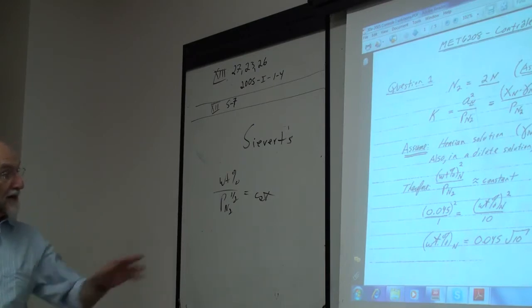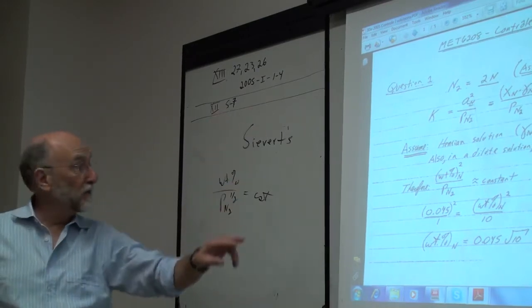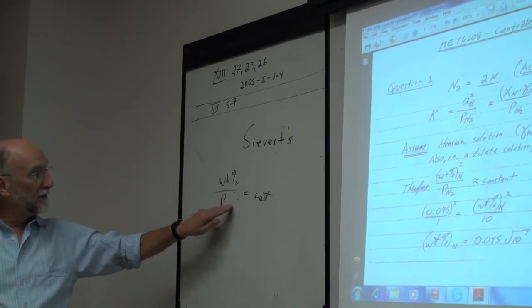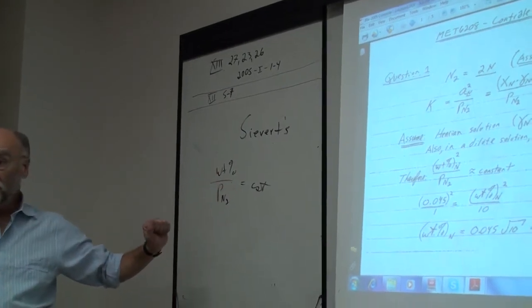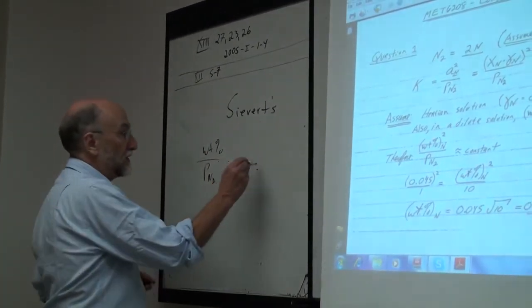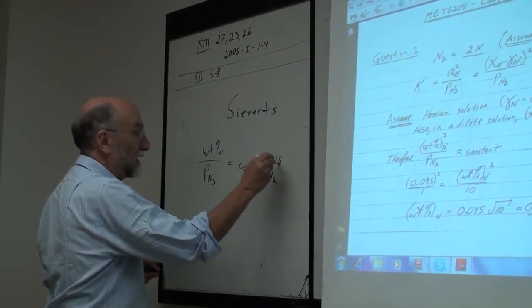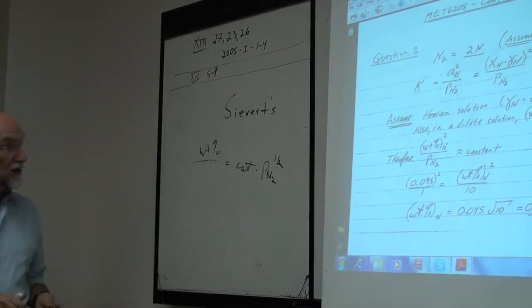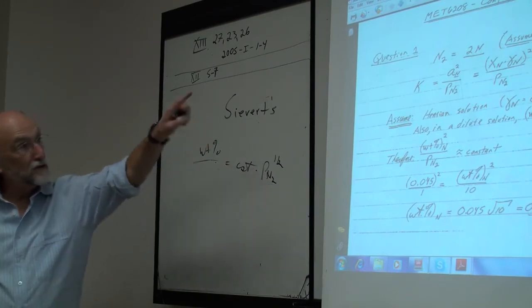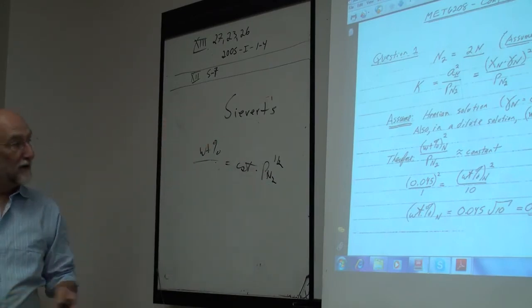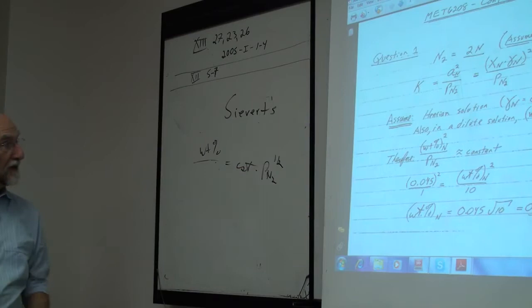If the diatomic gas dissolved actually as N2 molecules, then there wouldn't be a half here, and the weight percent would vary as PN2. Okay, the weight percent is a constant times PN2 to the 1/2 if the diatomic gas dissolves as a monatomic, and so you get the 1/2 variation here.